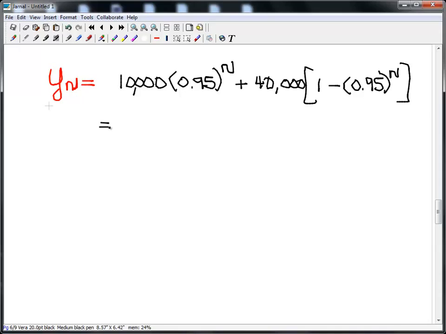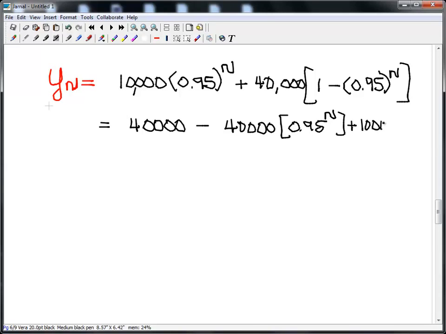So we have 40,000 minus 40,000 times 0.95 to the power of n plus 10,000 times 0.95 to the power of n.